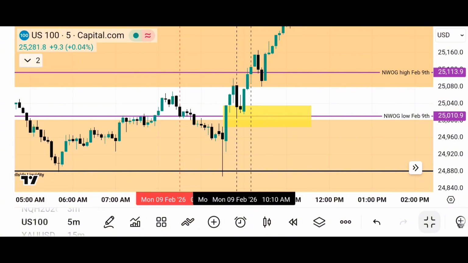And also, apart from the macro, we have the silver bullet time window as well. The New York AM session, New York PM session, and London session each have their silver bullet. The silver bullet time window is a 1 hour time window, unlike the macro.